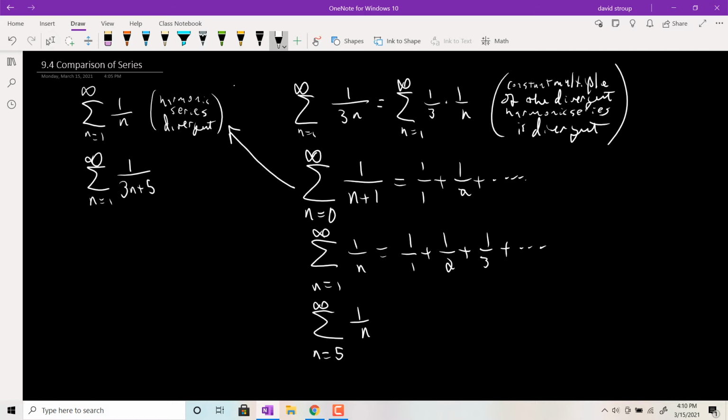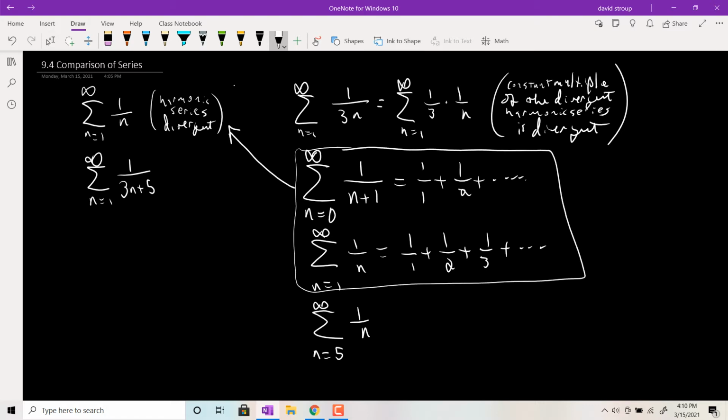If it originally diverged, like we see in our example here with the harmonic, even if you multiply by a constant, it's still going to diverge. Okay, this one is just kind of a silly example, but this last one is also, if you take away a couple terms, it's still going to diverge. Okay, if you add in a couple terms, it's still going to diverge.